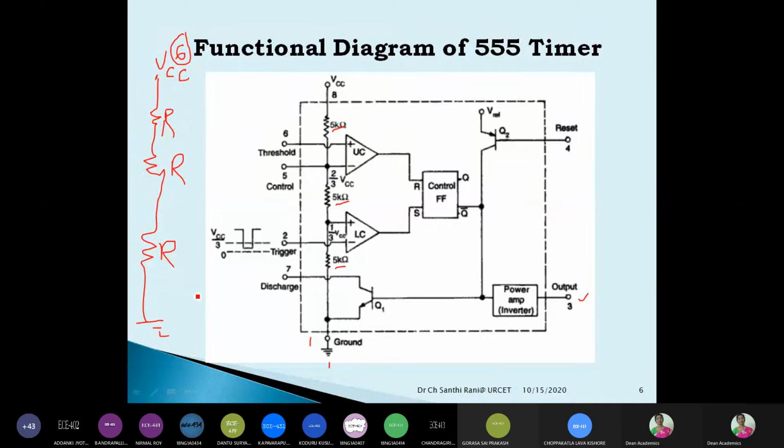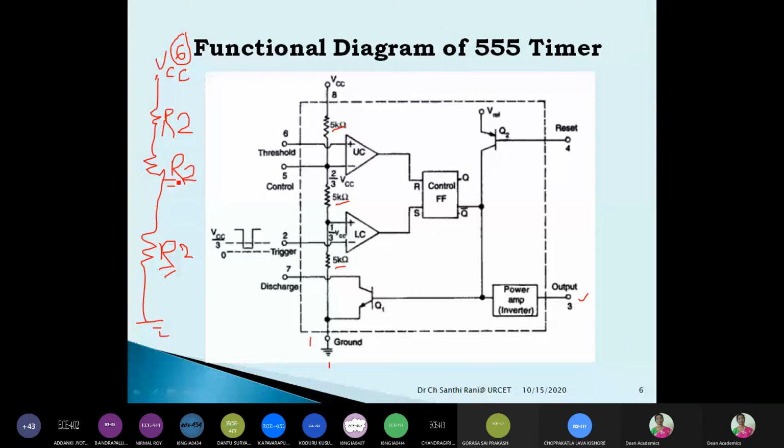There will be 6 volts, but across this resistor 2 volts, and across this resistor 2 volts, and across this resistor 2 volts. 2 plus 2 plus 2, 6 volts.